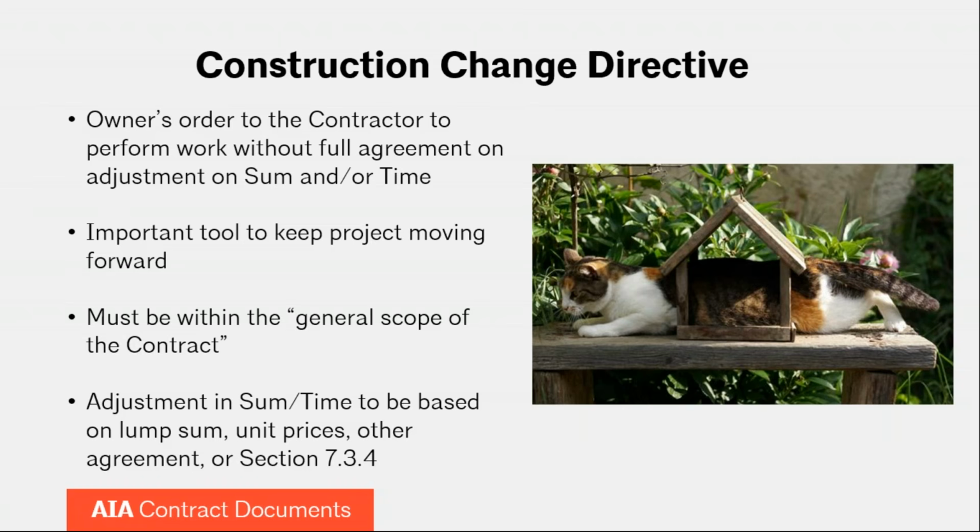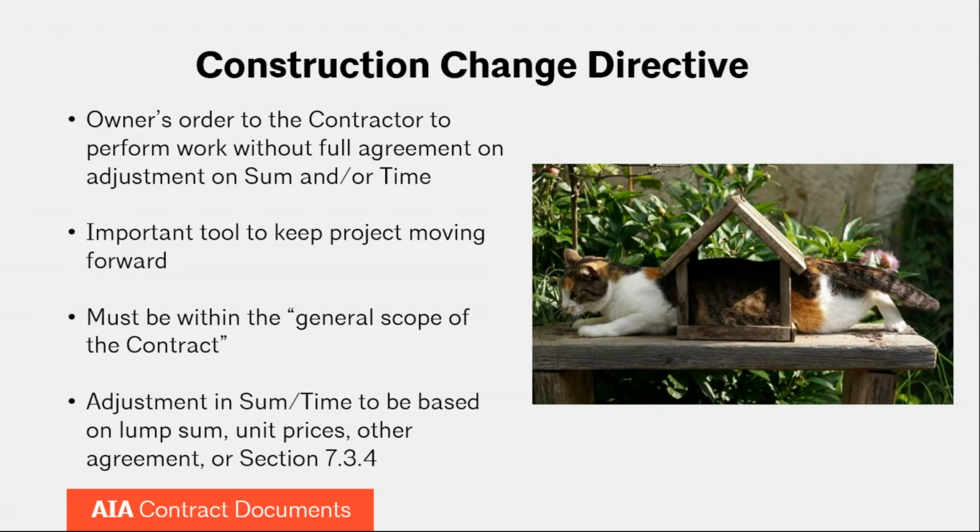If you're an owner and you want to make a change to, for example, type of hardware or something in your project, and the contractor hasn't agreed to the price increase for that, you still need a mechanism to keep the project moving forward.